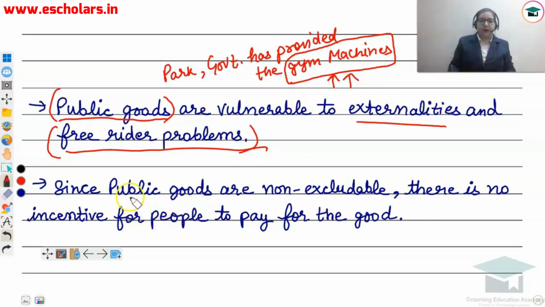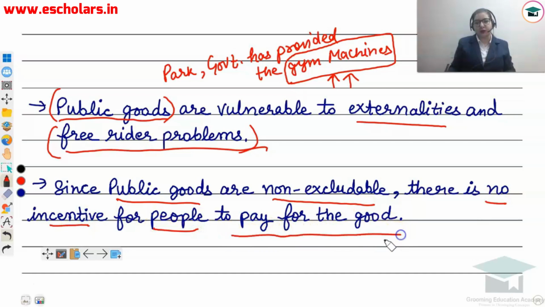Since public goods are non-excludable, that is, none of the consumers can be excluded from the consumption of such public goods, no one has any incentive to pay to consume the public good, right? No one would like to pay the price for the consumption of public goods.